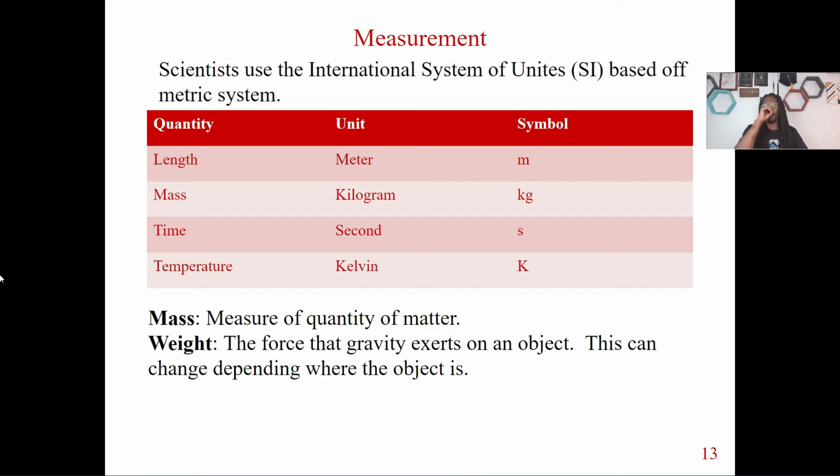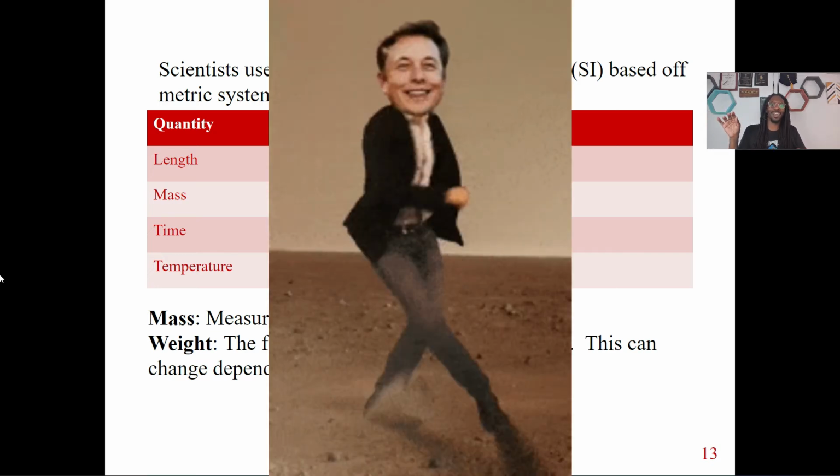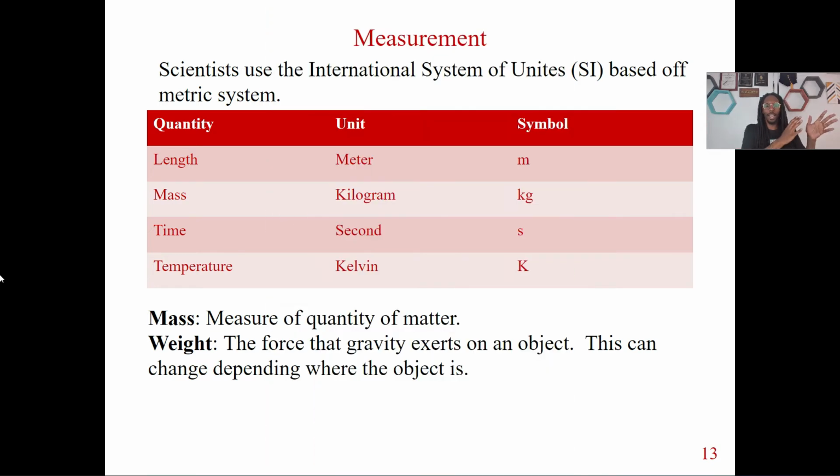So, for instance, I will weigh different if I'm on Earth compared to when I'm going to be on Mars in 50 years. Shout out to Elon Musk. But I'm going to have a different weight. Why? Because I'm going to be under different gravitational pulls. So that force is impacting my weight.